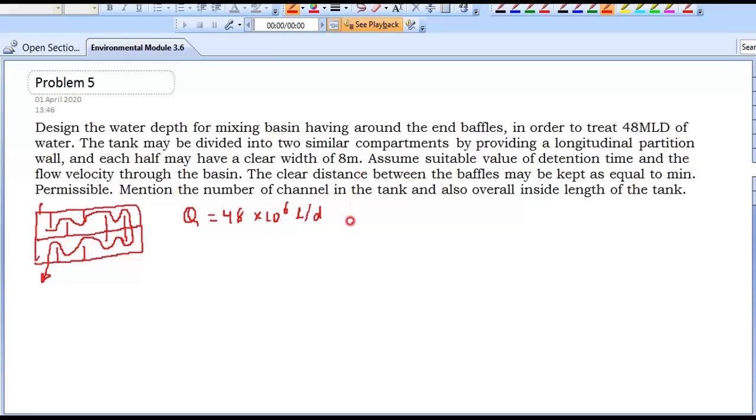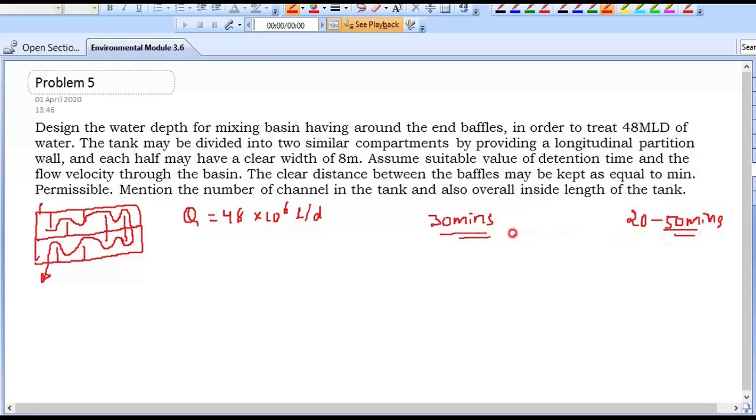Here we will assume 30 minutes. Why 30 minutes? Because the range for a mixing device is 20 to 50 minutes. Therefore I assume 30 minutes as the detention time, that is 0.5 hours.